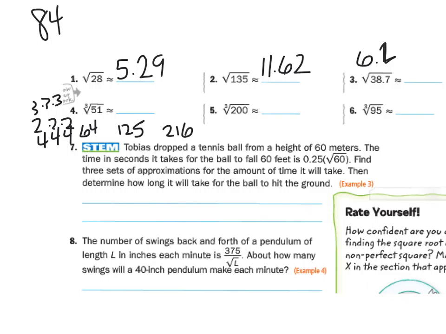Alright, so I can look at all these, and I just wrote those out, and I can say, well, 51 is closest to 64, so that's 4 times 4 times 4. So it's going to be 3 point something, because 3 times 3 times 3 was 27, and 4 times 4 times 4 is 64.